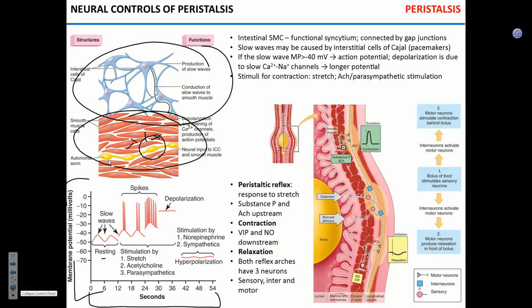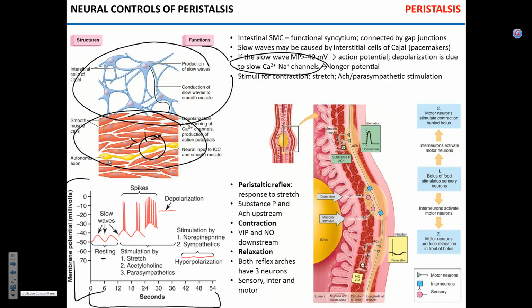Now, unlike in skeletal muscles, the depolarization is mediated by slow channels. Remember when we talked about skeletal muscles, the channels that depolarize skeletal muscles are fast channels. Here the channels are slow. Sodium and calcium flow into the cell slowly.